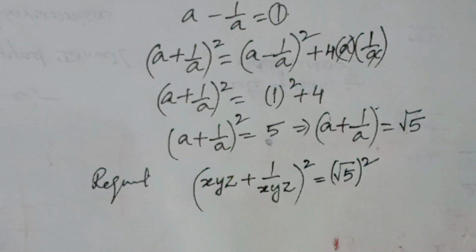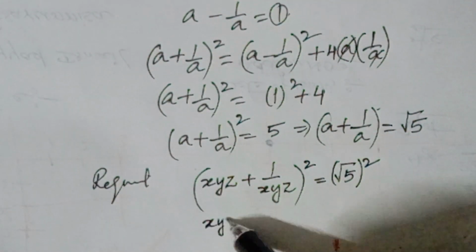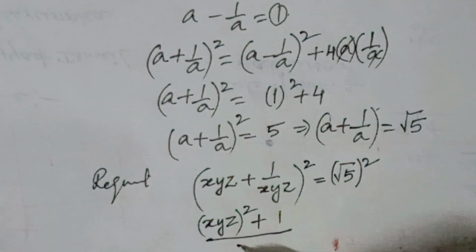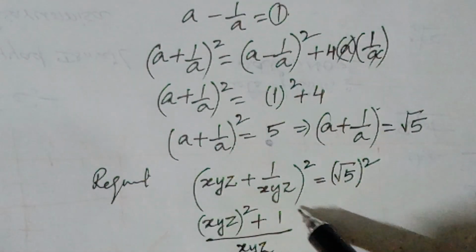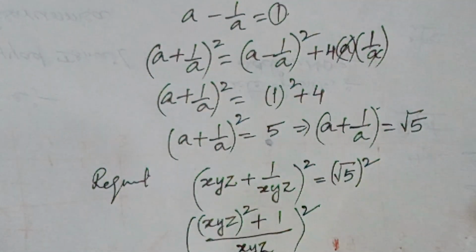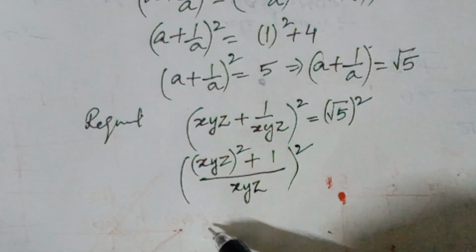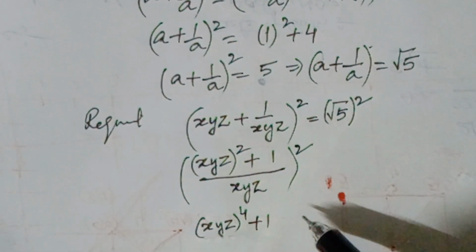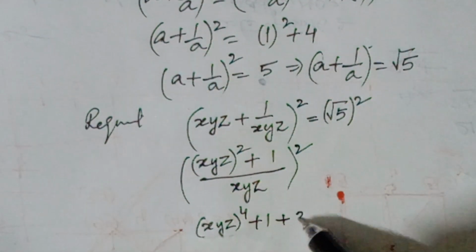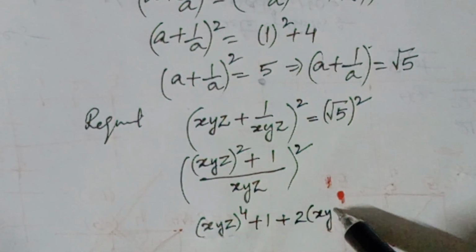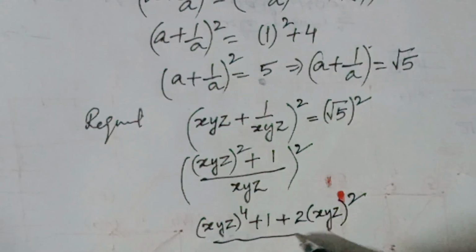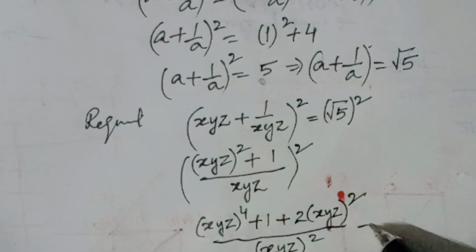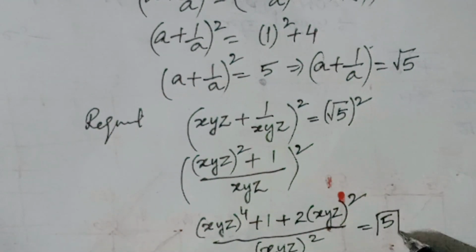So here we'll get (xyz) whole square plus 1 by (xyz) whole square. Now if you expand this, (xyz) to the power of 4 plus 1 plus 2 into (xyz) whole square by (xyz) whole square, that is required. The value is equal to 5.